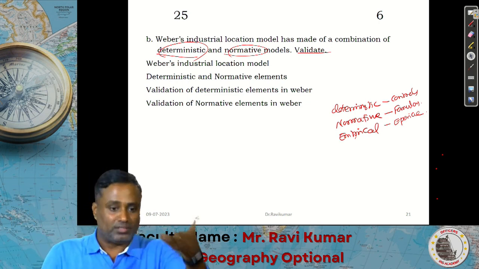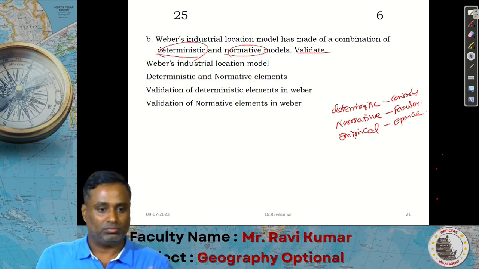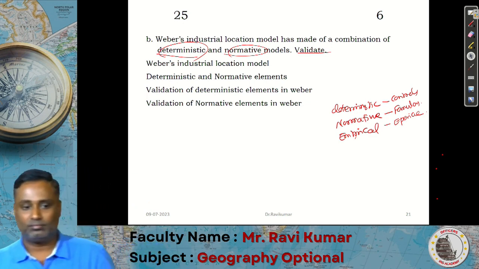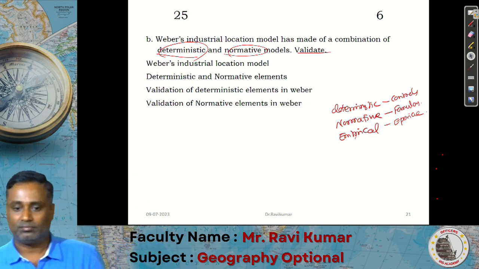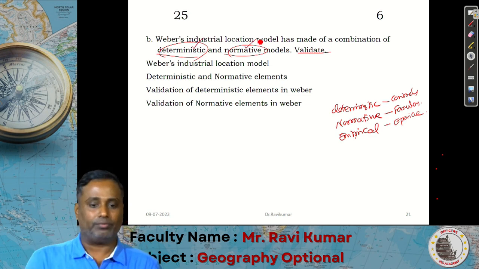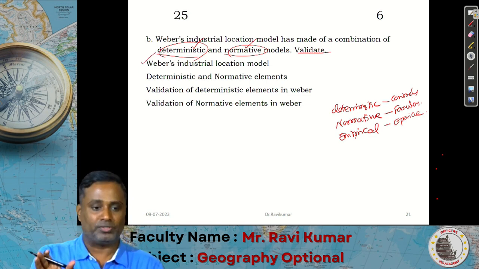Based on his experience, he is saying it. Did he use any calculation? No. He just said what he observed in the world. That is empirical. Right? Now here, they are asking that Weber's model is deterministic and normative. Now you should prove it. They are asking to validate. Yes. Now we have to talk about the introduction to Weber's industrial model.